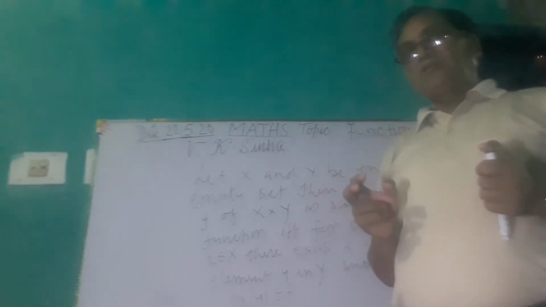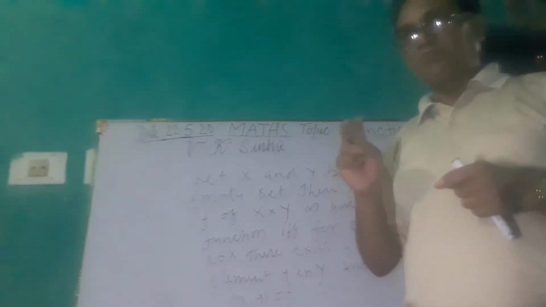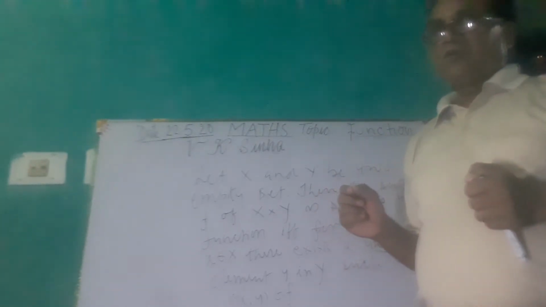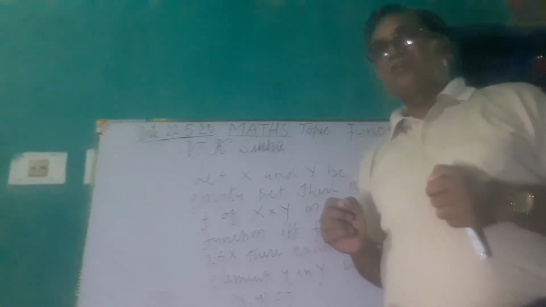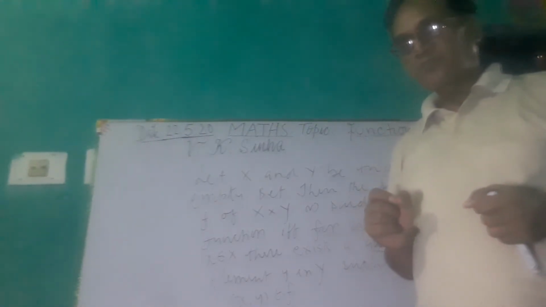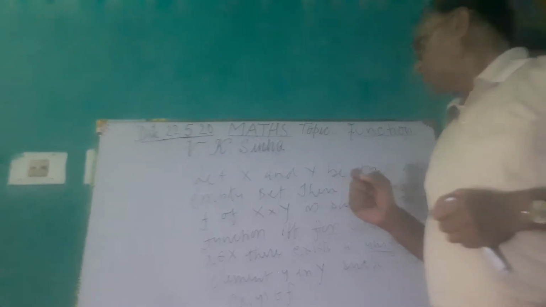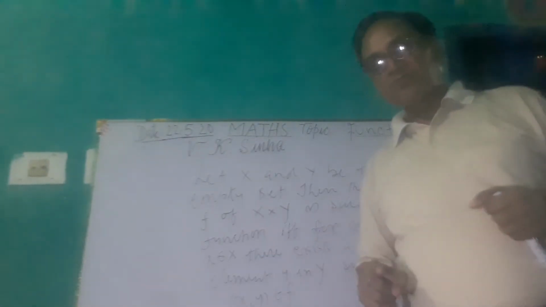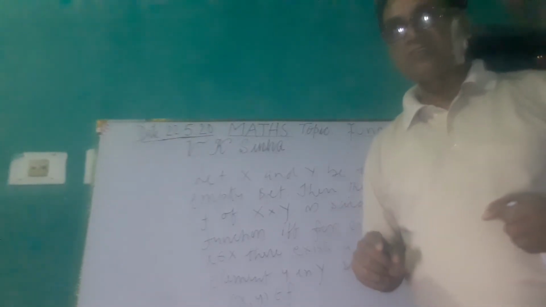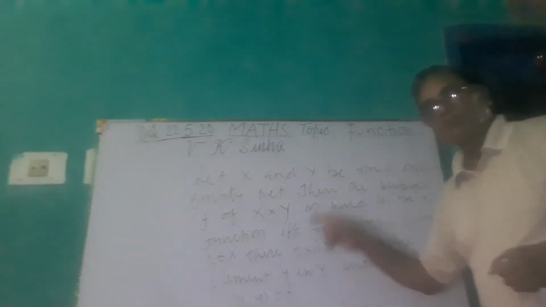But a subset of the Cartesian product is said to be a function if for every element x belonging to the first set X, there exists a unique element in Y such that (x, y) belongs to f.